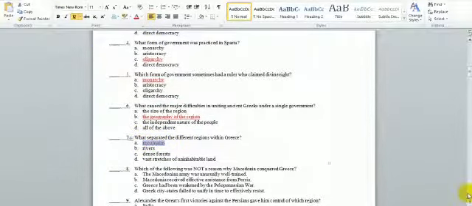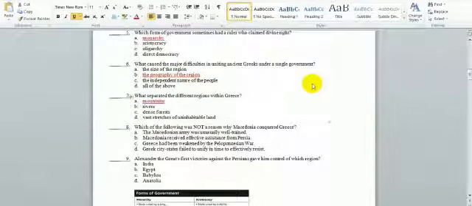Number 8, which of the following wasn't a reason why Macedonia conquered Greece? The Macedonian army was unusually well trained. Macedonia received effective assistance from Persia. Greece had been weakened by the Peloponnesian War.